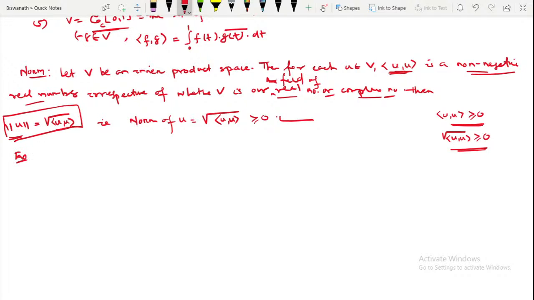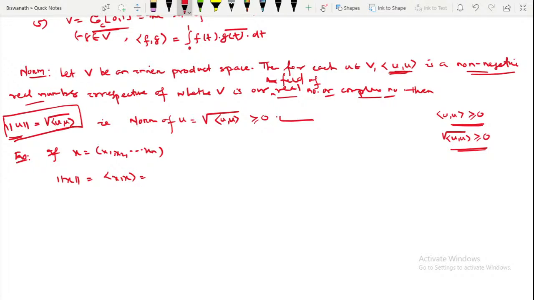So I can take one or two examples. If x is equal to (x1, x2, ..., xn), then what will be the norm of x? You know, norm of x is the square root of the inner product of x comma x.